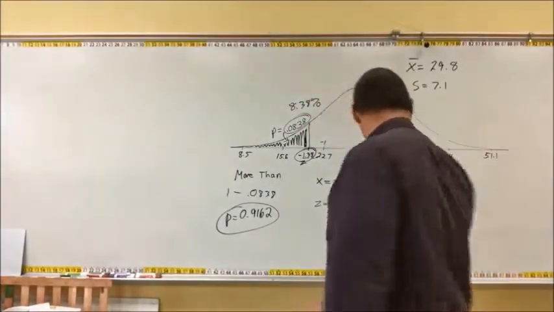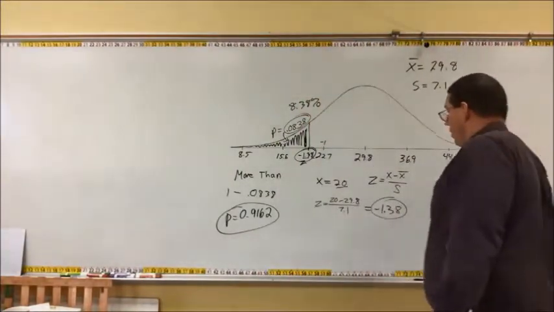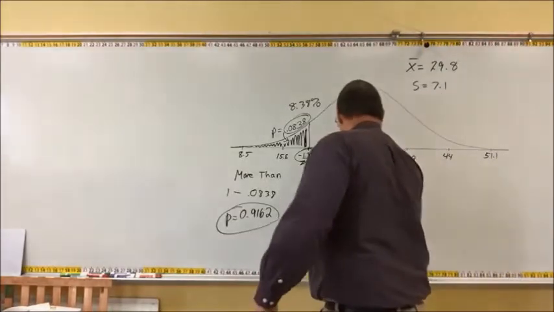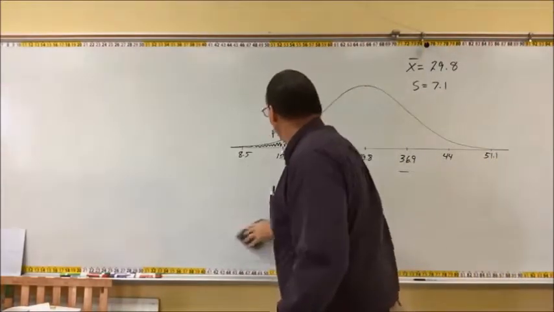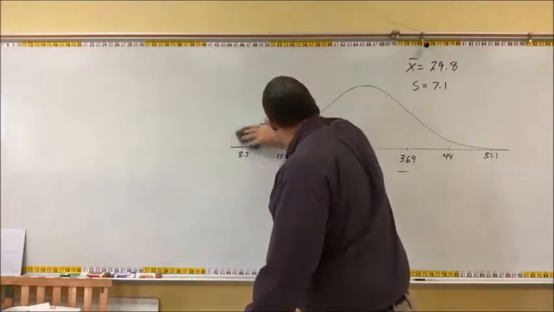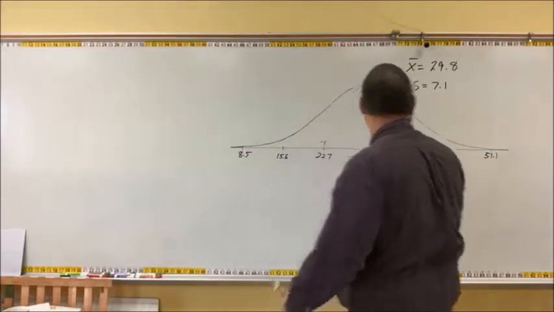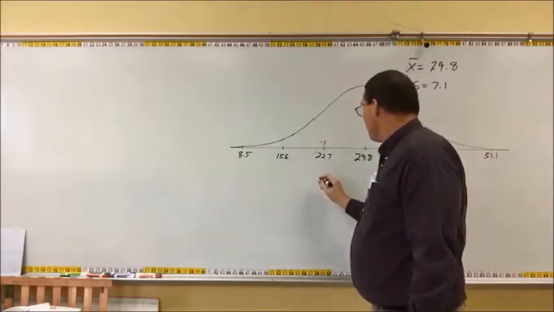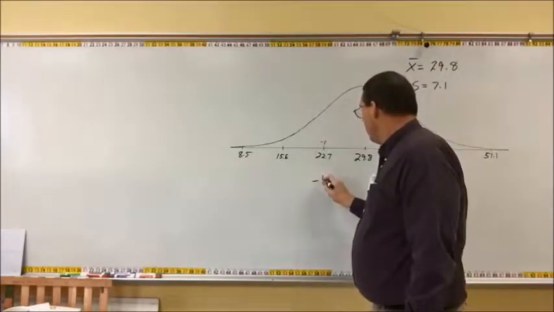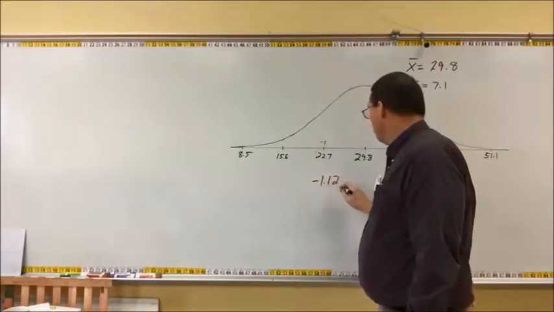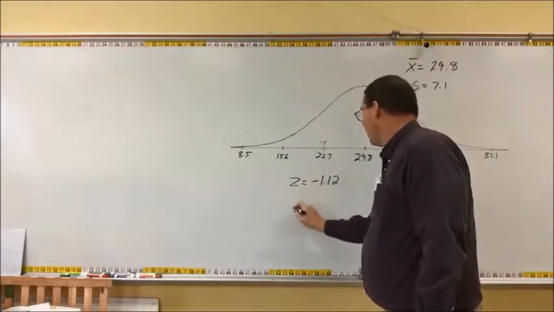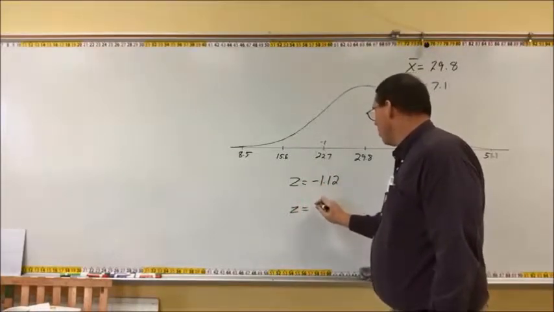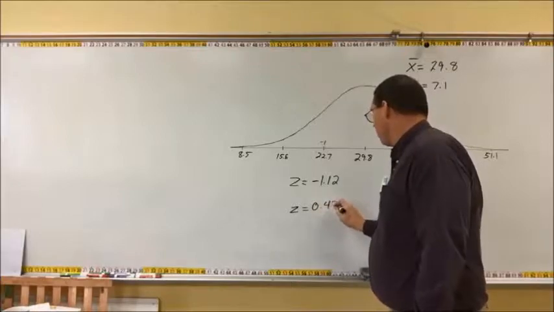Let me erase some of this. There we go. We said, well, what if we want to know the proportion that is between, let's say we want to know what's between negative 1.12, a z-score, and a z-score of 0.43.